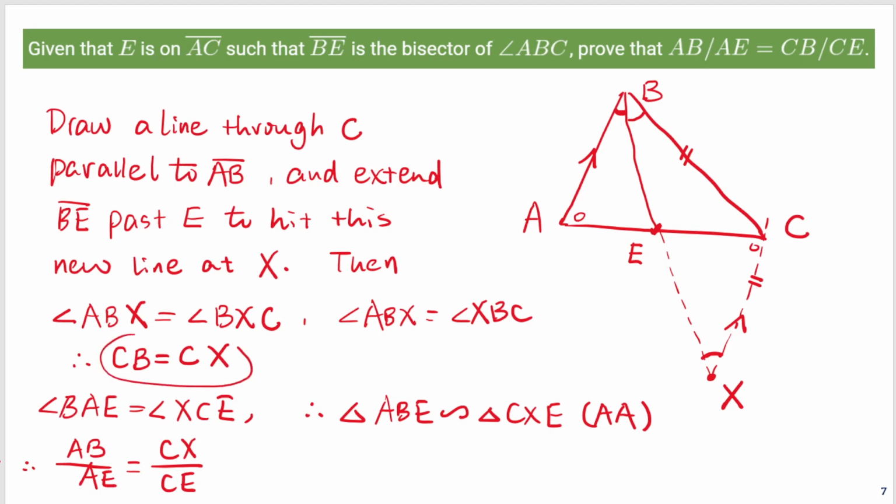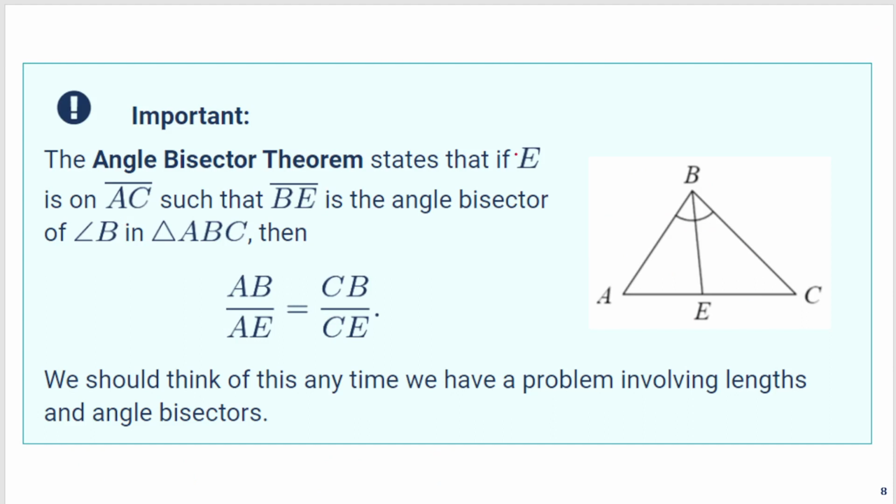Since we have already proved CB equals CX, then we can conclude AB over AE must equal CB over CE, right? Did you get it? Then we have actually proved another important property of the angle bisectors of a triangle.